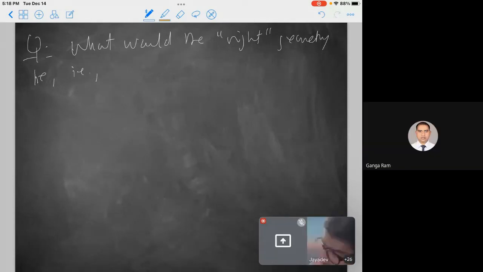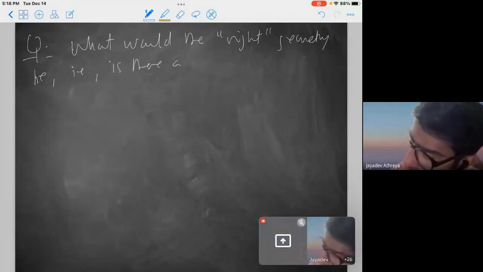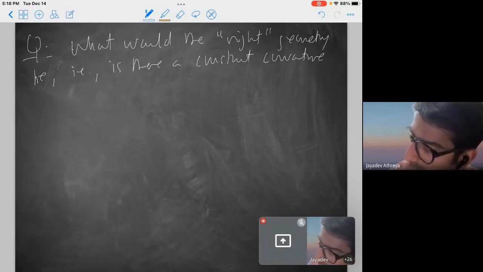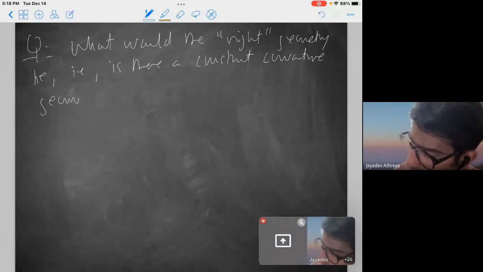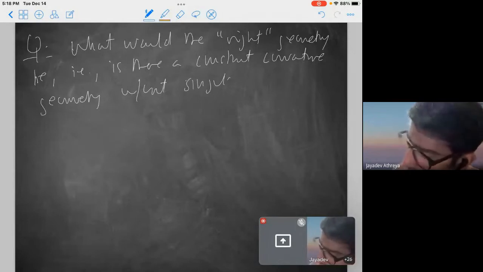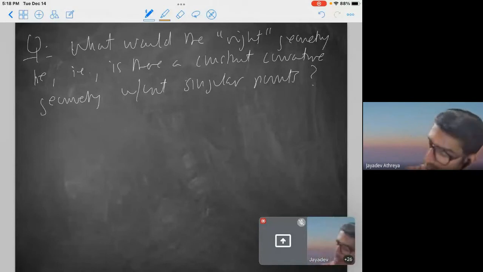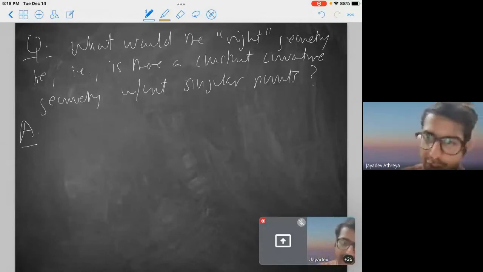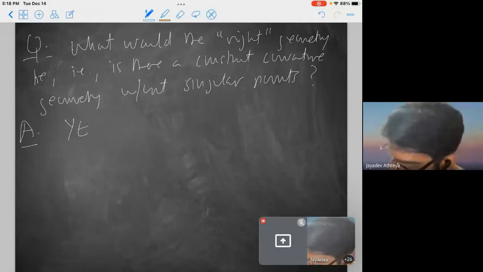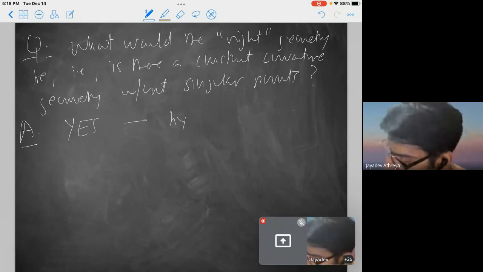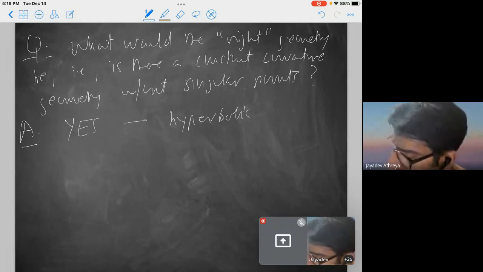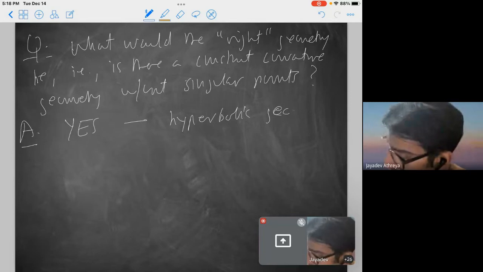I.e., is there a constant curvature geometry without singular points? And the answer, of course, as you guys have learned in your introductory lectures, is yes. And that answer is the correct geometry in some sense for these surfaces is hyperbolic geometry.